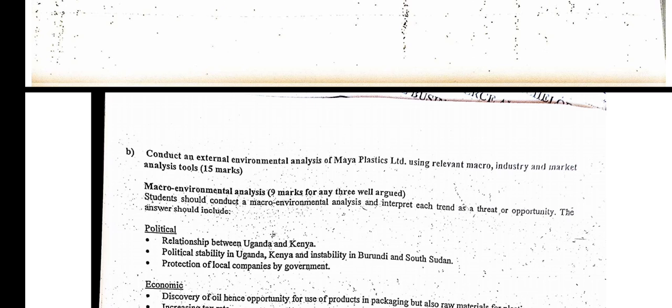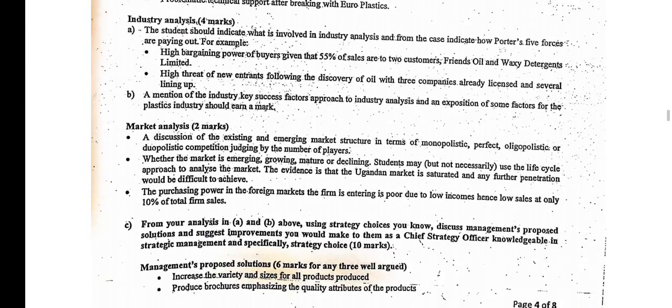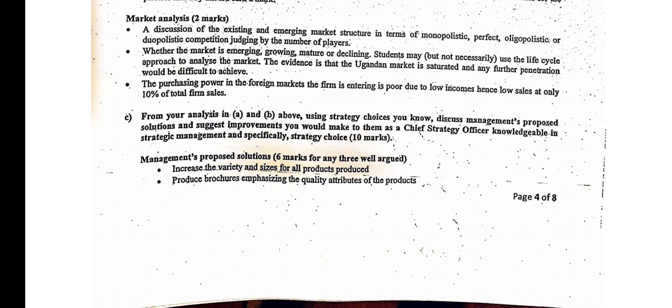Yeah. So it's what you do, it's what you rate. For macro, you use Pestel. Here you use, what? Michael Porter's 5 forces. Then here you talk about the market itself, like the size of the market, its growth rate, yeah, the purchasing power, like that.